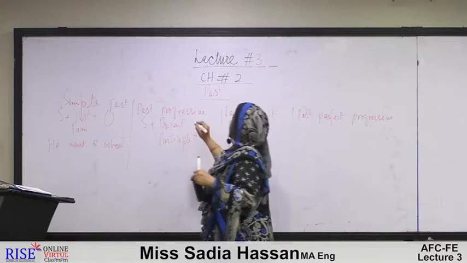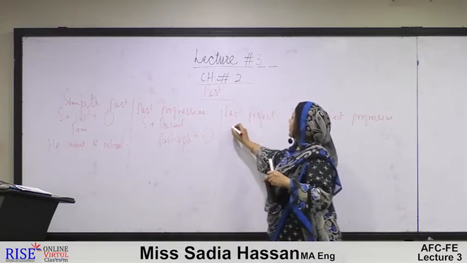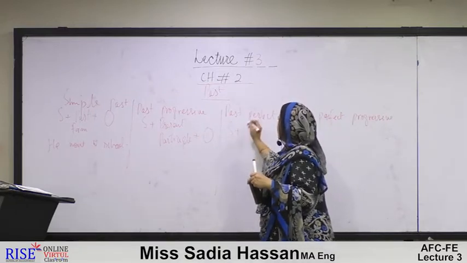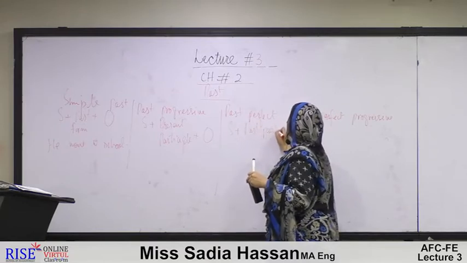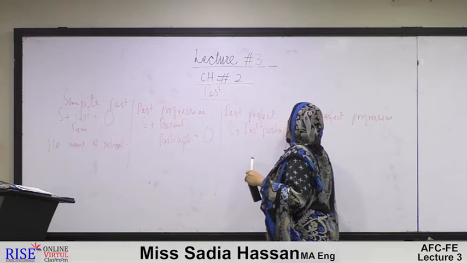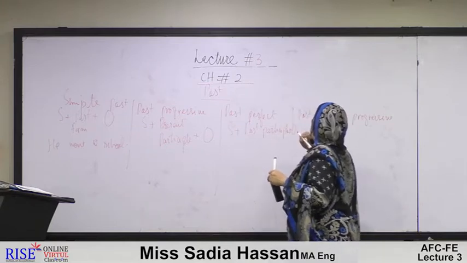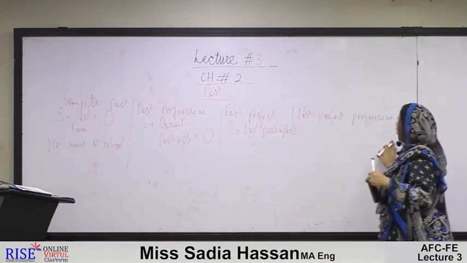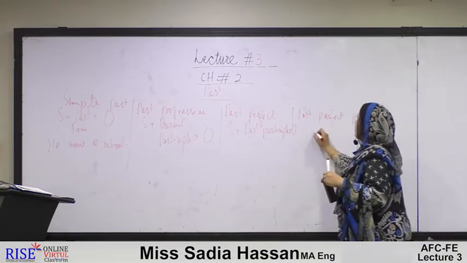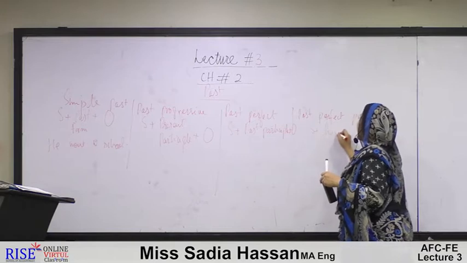Plus object. Past perfect: subject plus past participle form of the verb, and then object. And here comes the last form of the verb of the tense, that is called subject plus had been.